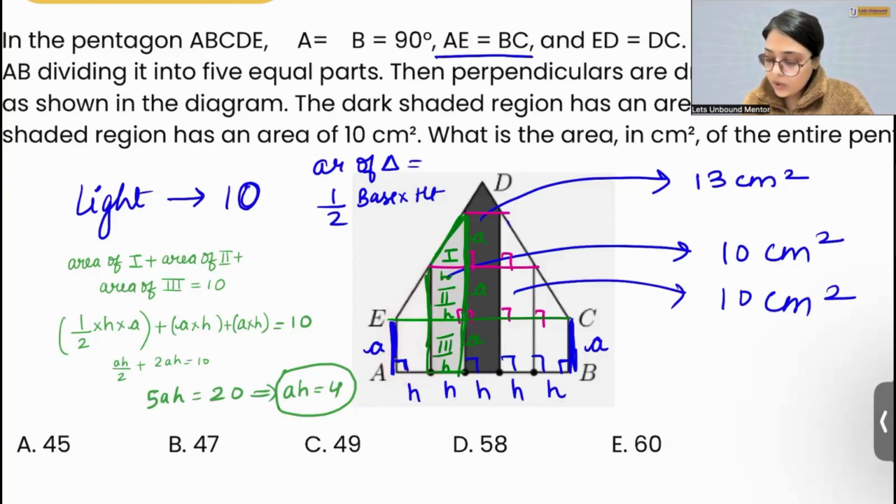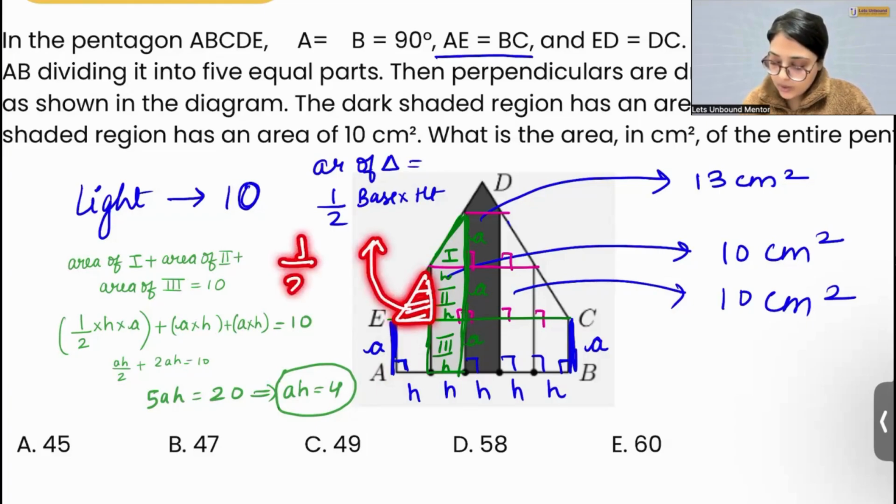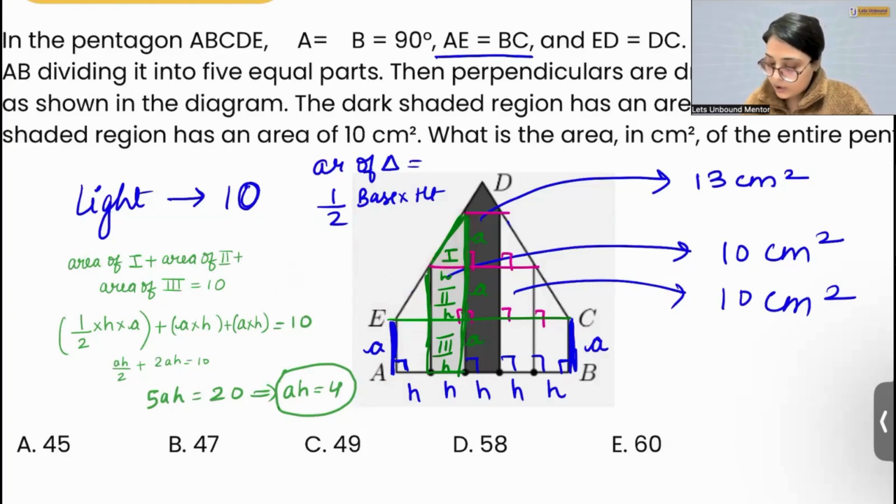Okay, so if AH is 4, can I say the area of this triangle is, obviously using this formula, half times what was base and height. Base was, you can check this, same. So base was your H and height was A. So half AH. Okay. So half AH is your triangle, and AH we just calculated 4.